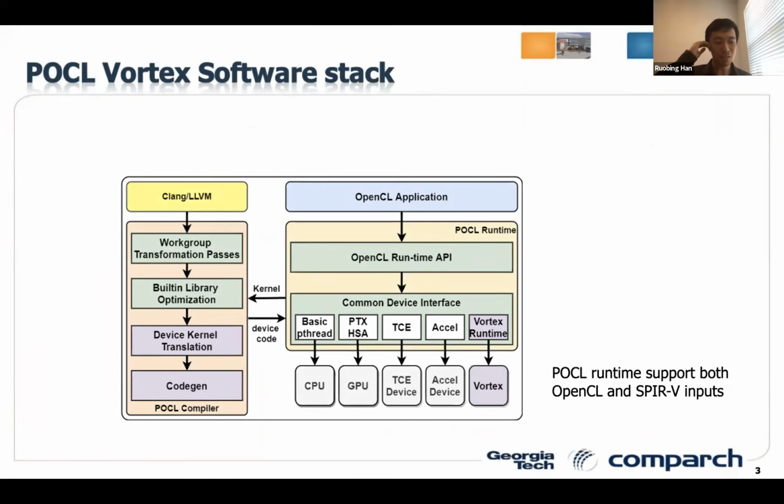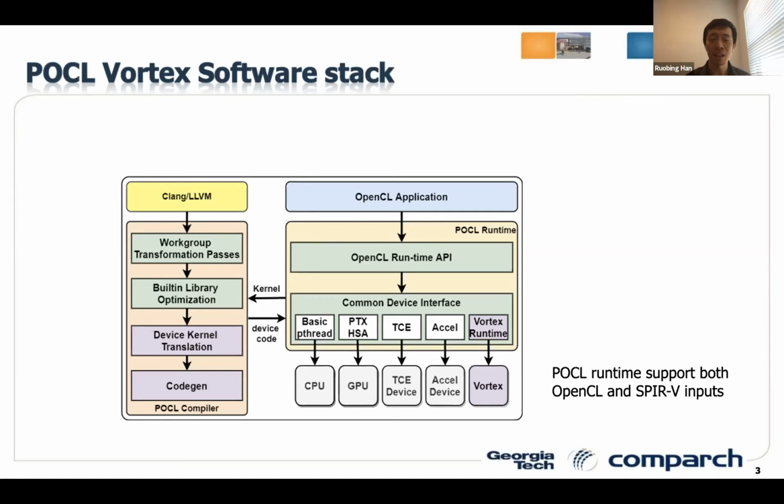As I said before, it consists of 2 parts: a compilation part and a runtime part. For a given input, we first use the POCL compiler to compile the source code and generate a RISC-V binary file.